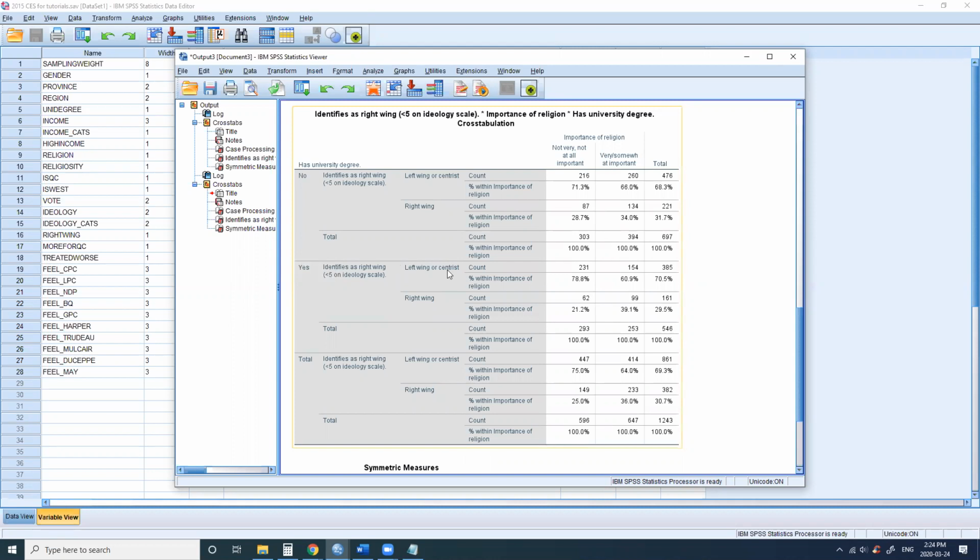And amongst those with a university education, the gap increases to 17.9 percentage points. Because the partial tables are split, one decreasing in its gap and the other increasing, we can conclude that this is another example of an interactive relationship.